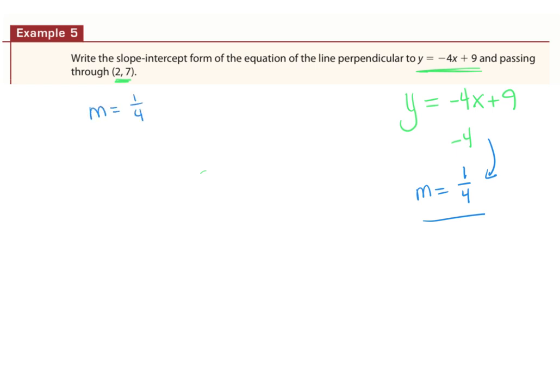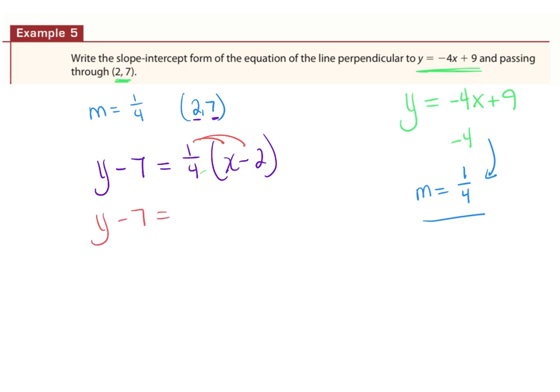So I have my slope now, and they gave me my point, and I'm going to do exactly what I've been doing. I'm going to say y minus the y value equals m times x minus the x value. And then I'm going to do what I've done the whole time. I'm going to distribute my slope. And then I'm going to move that y over.